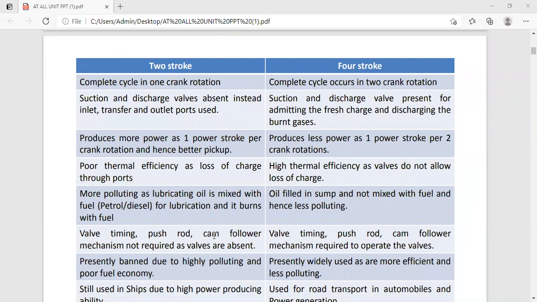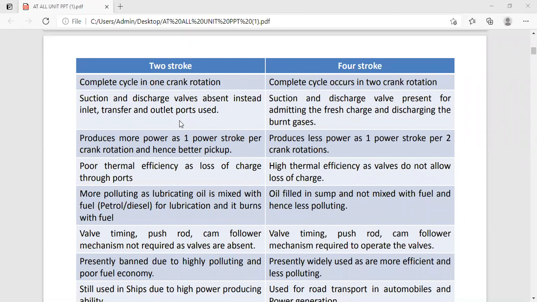The second point is that suction and discharge valves are absent, and instead there are inlet, transfer, and outlet ports. In case of the 4-stroke, suction and discharge valves are present, for admitting the fresh charge and also for discharging the burnt gases.